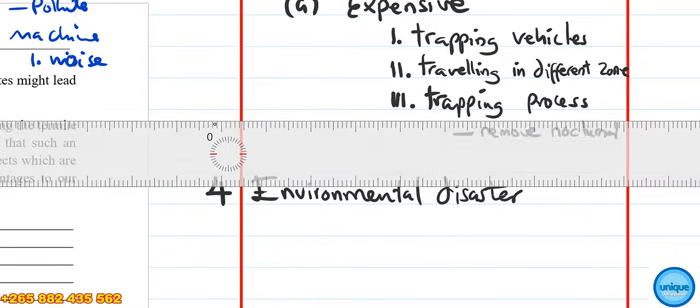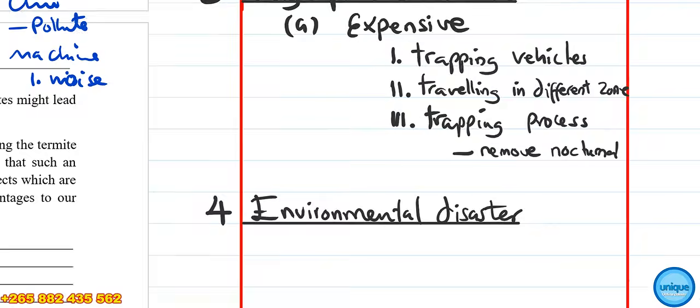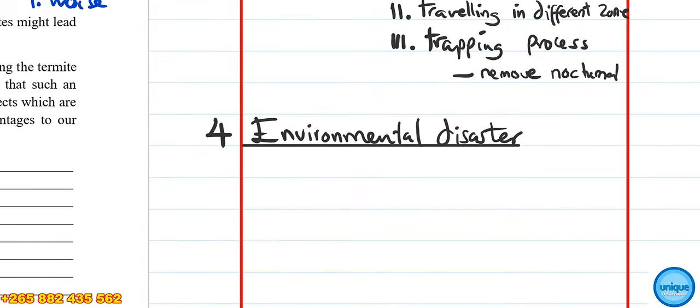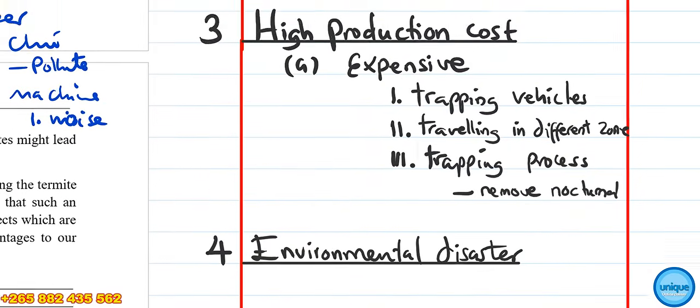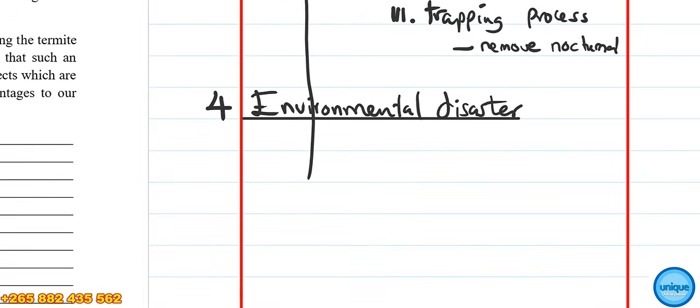But don't forget to underline. Environmental disaster may be based on, make sure you carry in line with it. It may be based on chemicals. So we are putting chemicals here.